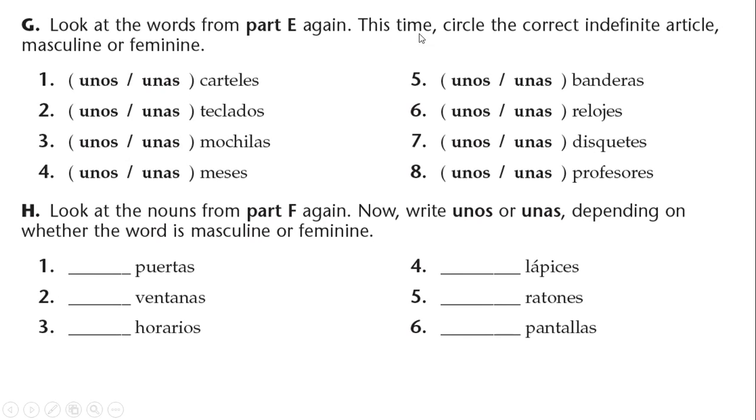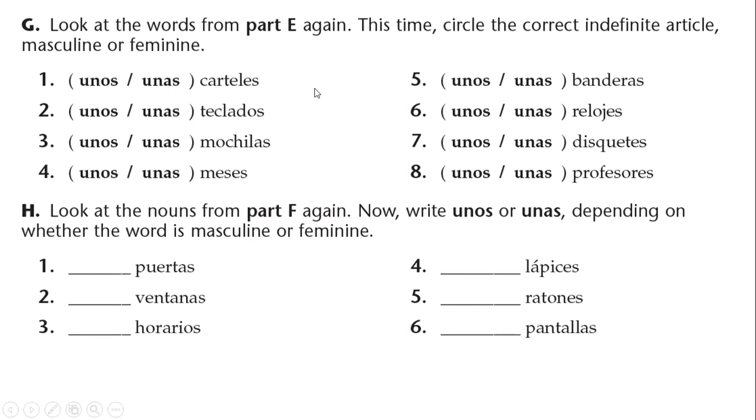Okay, same thing with un and una becoming unos and unas. We have to know if it's masculine or feminine. So we have these same words from earlier. We have carteles, teclados, mochilas, and then, so these were the words from the first 4 or 5 activities, and then these words are the words from part F, the one that we just did.